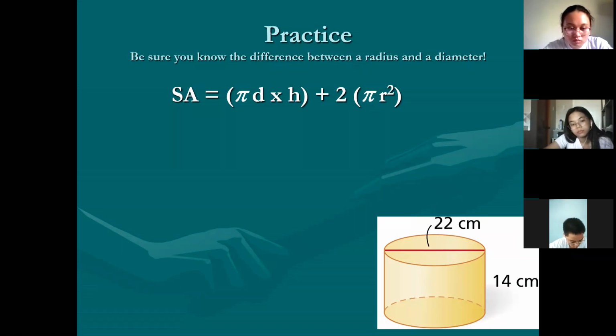Same answer from Elijah. Same answer from John and Al. From Rain as well.